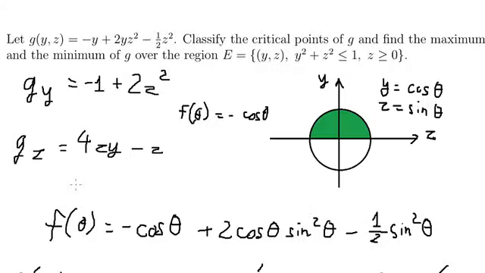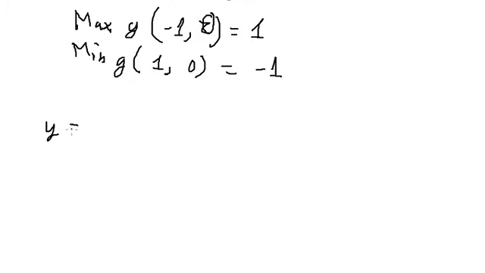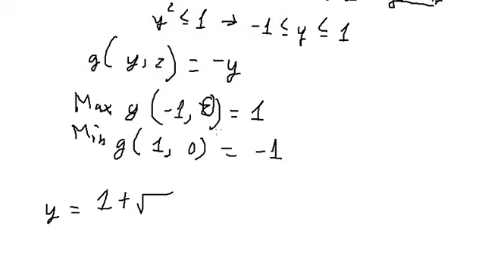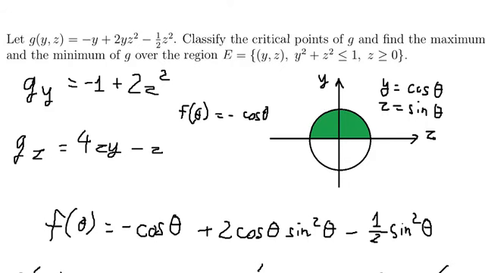Cosine theta, that is y. So y equals to this one. And the second one, so this one I made a mistake, so this should be this one in here.